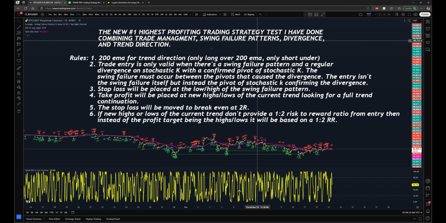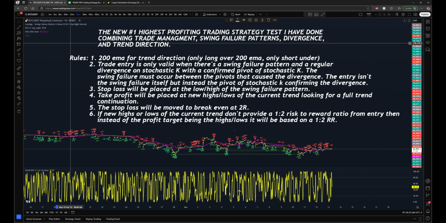I tested swing failure patterns, divergence, and trend direction, but we just used a rigid 1-to-1 or a rigid 1-to-2 risk to reward ratio. This time we're going to be doing a break-even stop loss and targeting a full trend continuation move instead of just a set risk to reward ratio. Now let's get into the indicators and the rules.